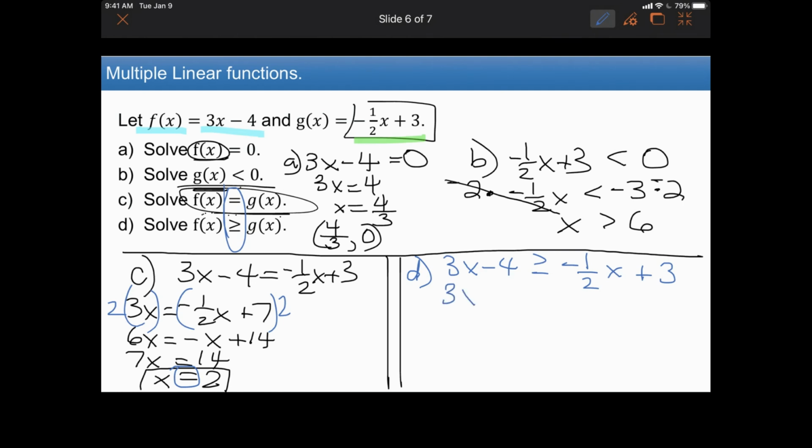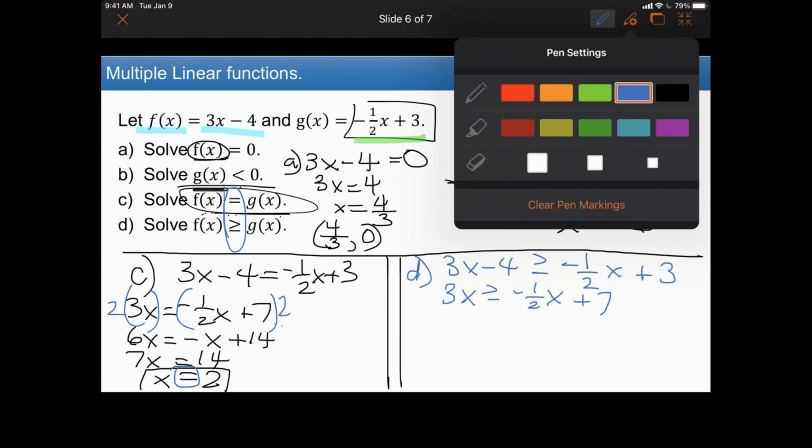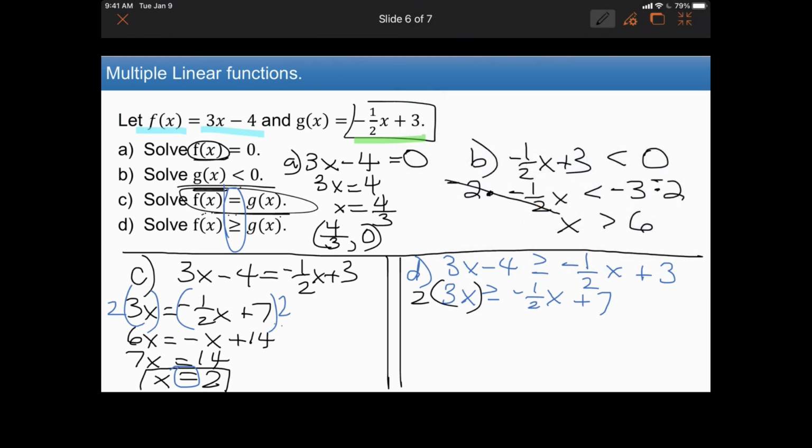It turns out to be the same thing on the left side. Okay. Going to multiply everything by 2. Okay. Did that.